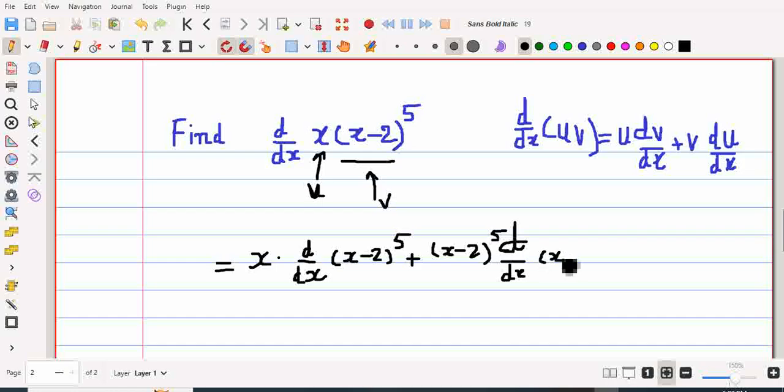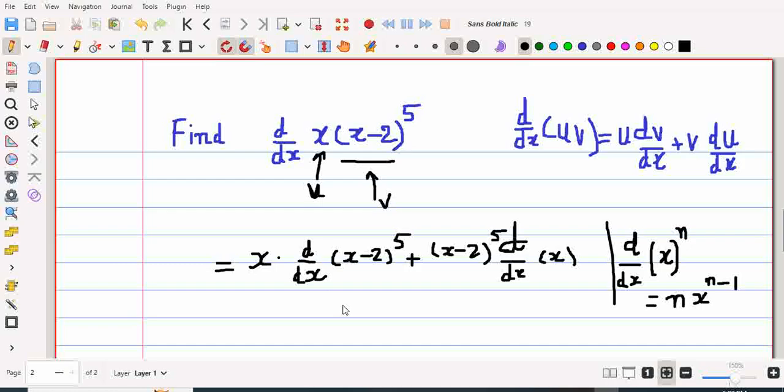I use the power formula here. The power formula: when you have to find the derivative of x raised to the power n, it will be equal to n times x power n minus 1.